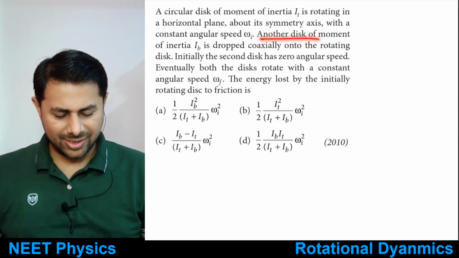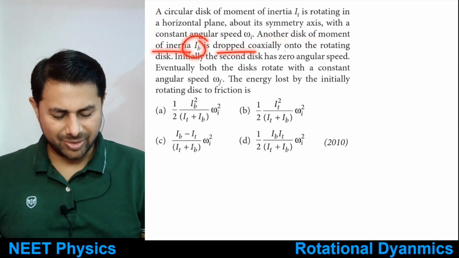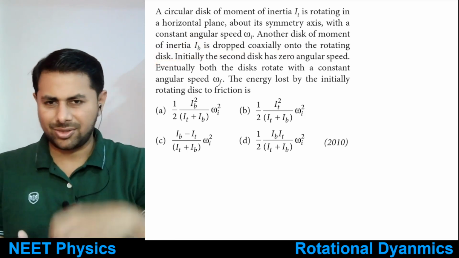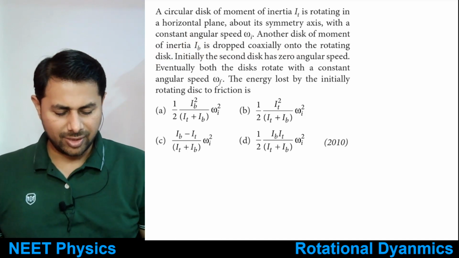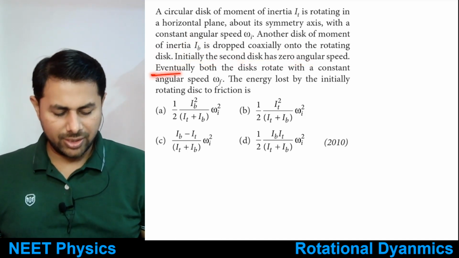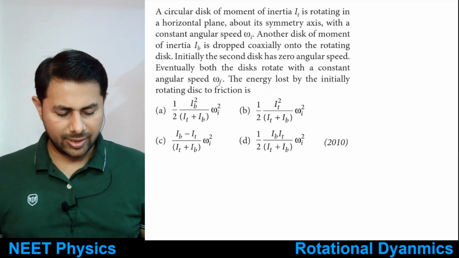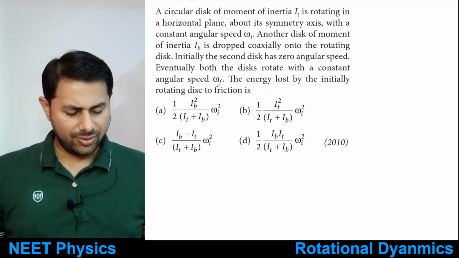Another disk of moment of inertia IB is dropped coaxially onto the rotating disk, so it is kept on the first disk. Initially the second disk has zero angular speed. Eventually both the disks rotate with constant angular speed omega f. The energy lost by the initially rotating disk to friction is, oh, option D.